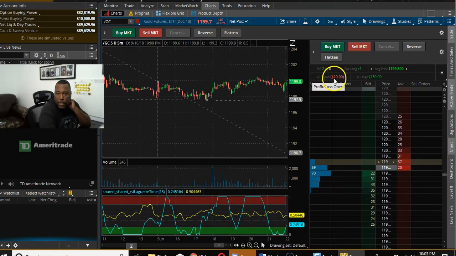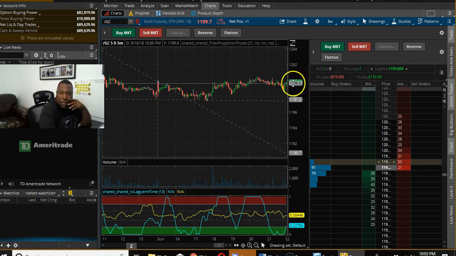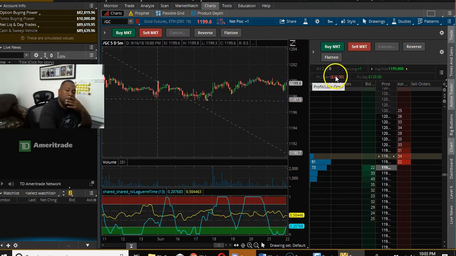And right now, you'll see that I bought it at average price $11.99 and 80. Now it's $7, so that means that I'm down $10. And now it dropped again. I'm down $20. So for scalpers, for guys that are here, now it's down 30.